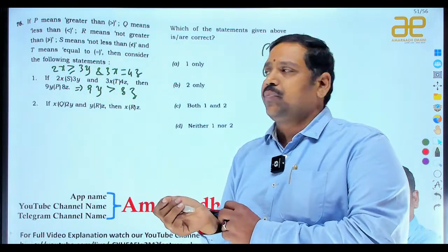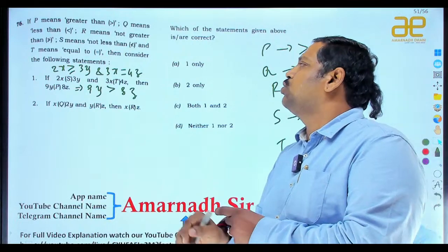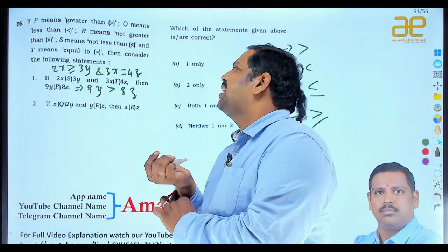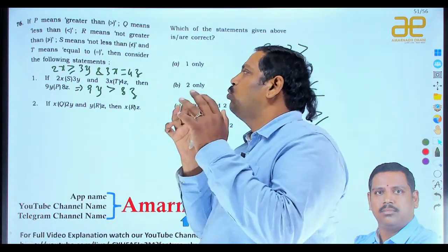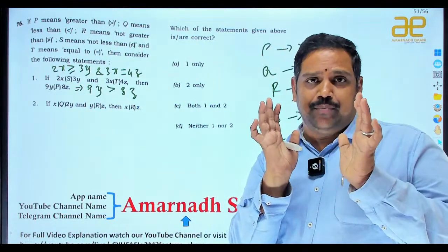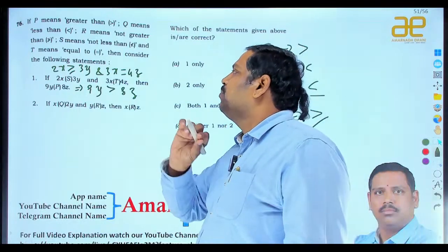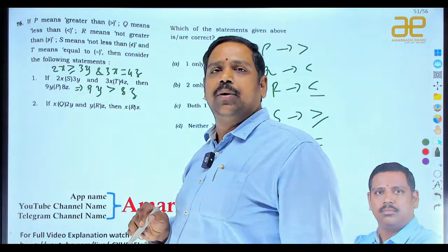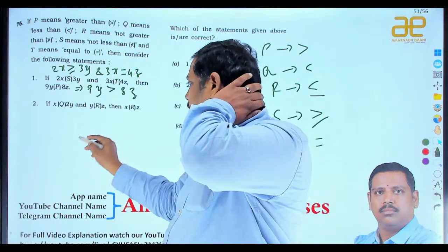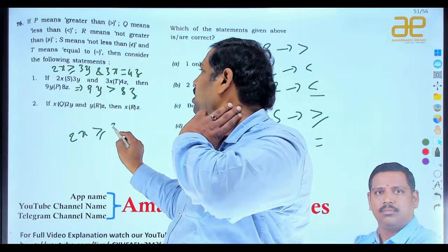Now tell me here, 3x is equal to 4z. 2x is greater than or equal to 3y. You want 9y is greater than 8z or not? You have to relate y and z. Okay, so that can be done through x only, right? So I'm rewriting here, 2x is greater than or equal to 3y.